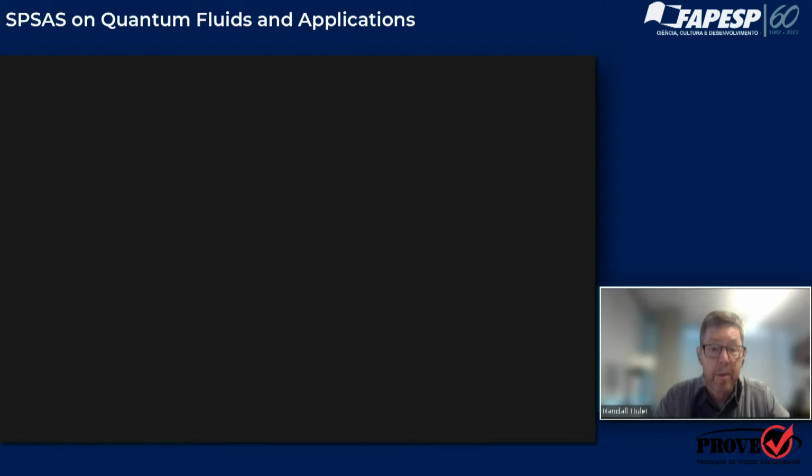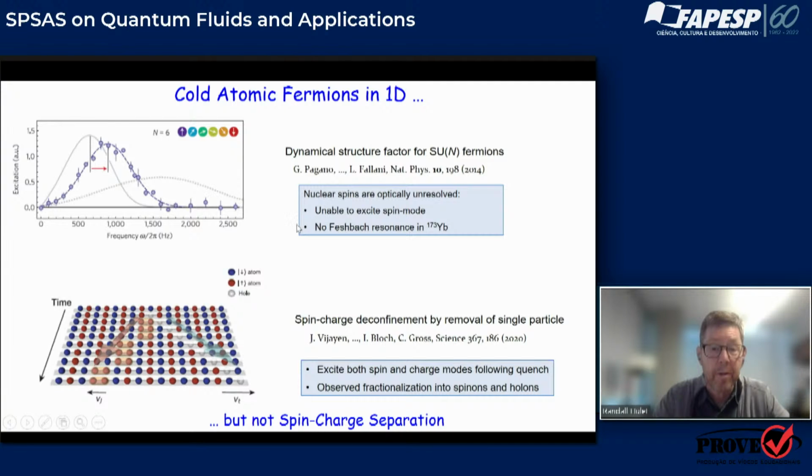But they're unable to tune the interactions, and they're also unable to excite a spin mode due to the fact that there's no hyperfine splitting in this atom. But they were able to use the spin multiplicity to show the difference in speeds between essentially an ideal Fermi gas and one which is weakly interacting. So this was a pioneering experiment back in 2014.